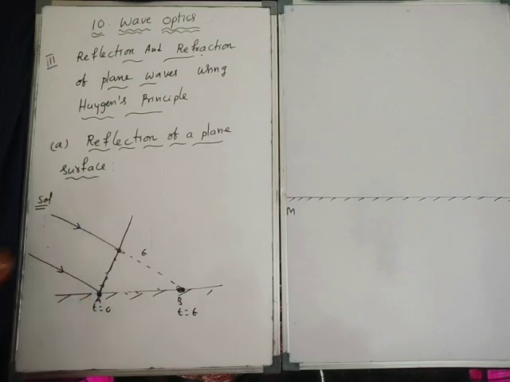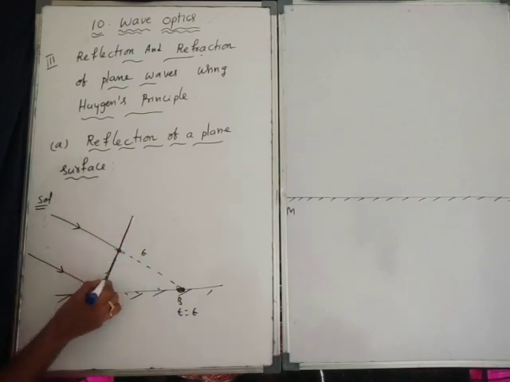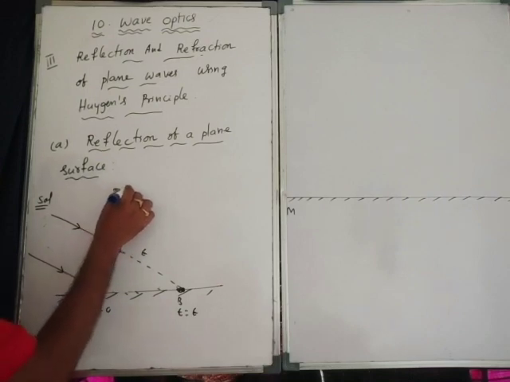This is the incident ray, and this one also is an incident ray. But this is the primary wavefront.